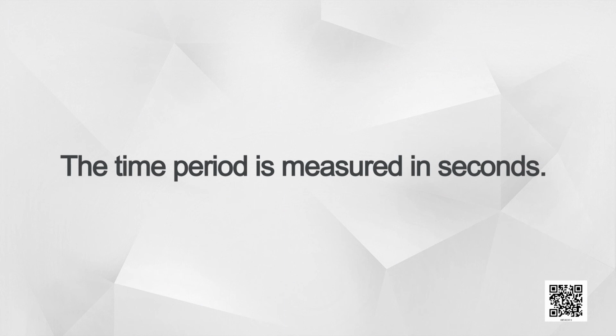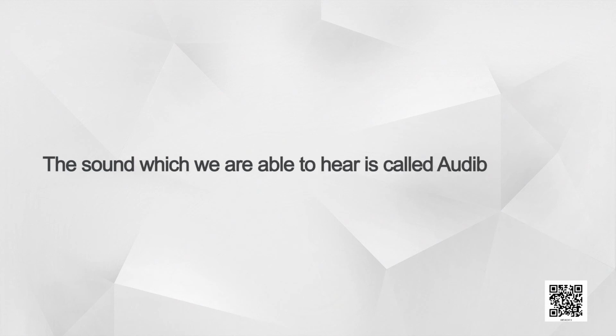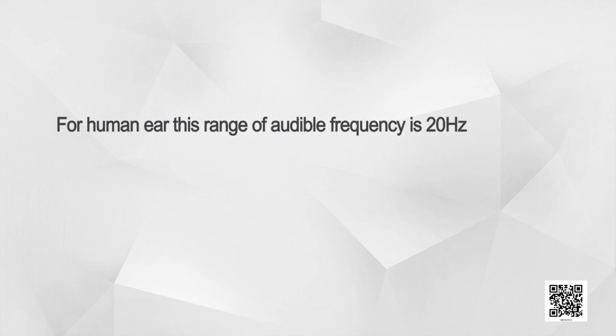Now, dear children, let us discuss audible and inaudible sounds. The sounds which we are able to hear are called audible sounds. For the human ear, the range of audible frequencies is 20 Hz to 20,000 Hz.